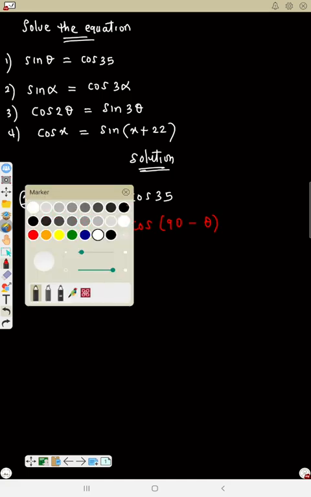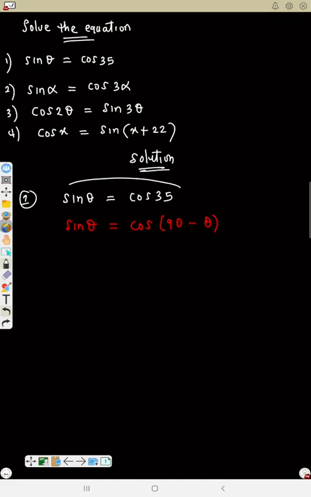If you compare with this one, theta here is still your theta here. So now if you change it, that means sine theta and sine theta are equal. What is sine theta here is cos 35. So you can replace it.